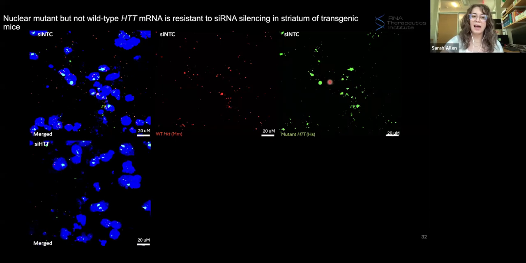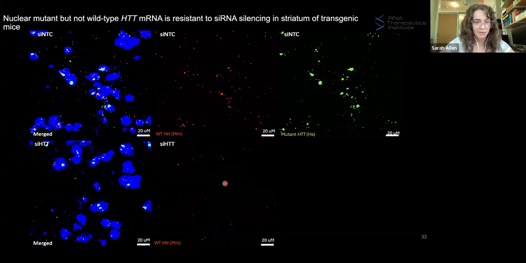So when we look at brains treated with our Huntingtin siRNA, we see just generally fewer transcripts, which is good, as it confirms that our treatment is working. And when you look at specifically the wild type mouse Huntingtin, we see much less foci staining here.